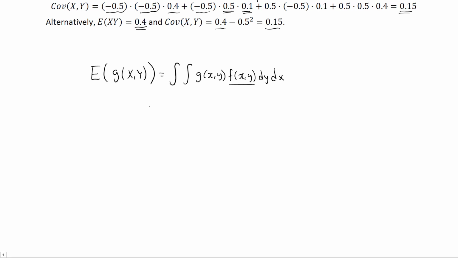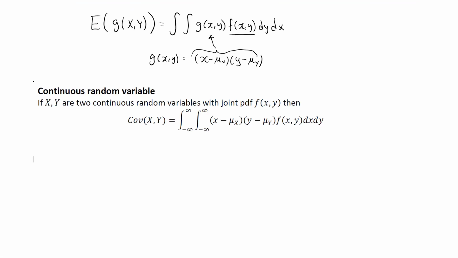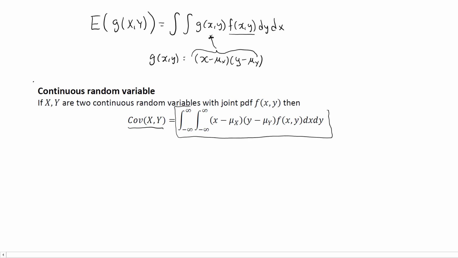For the covariance, this g function is simply x minus mu x, y minus mu y. And if I replace this with my g function, I have the formula for the covariance in the continuous case. Summarized neatly here, the covariance between x and y is given by this double integral.